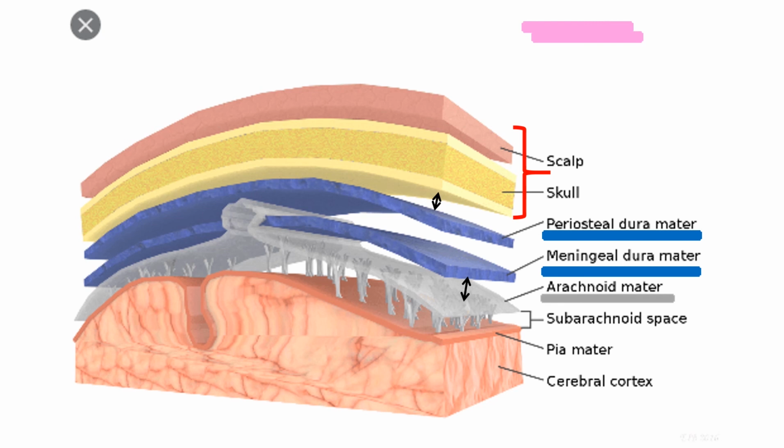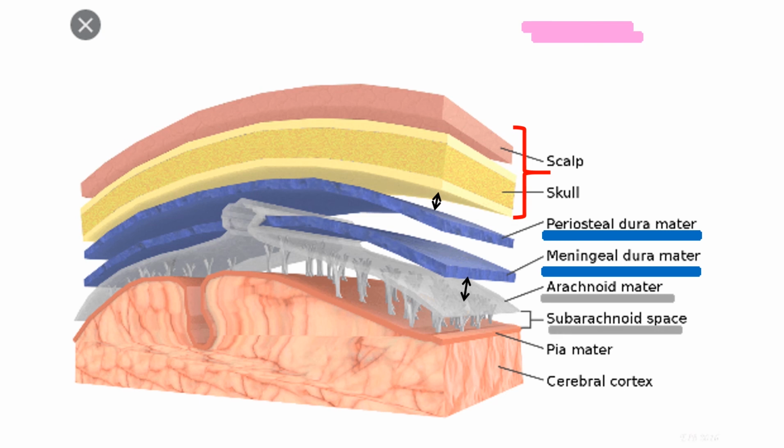Then we have the arachnoid mater. The arachnoid is a thin, transparent membrane, and it has spikes that go down into the space just underneath the arachnoid, which is called the subarachnoid space. In this space, you find the cerebrospinal fluid.